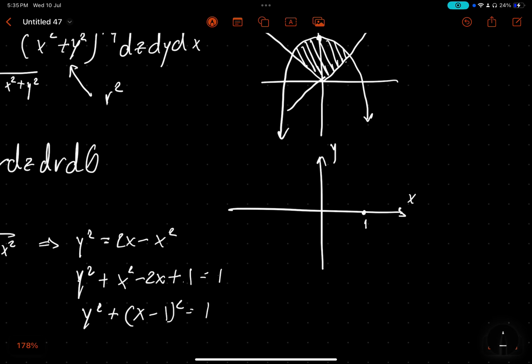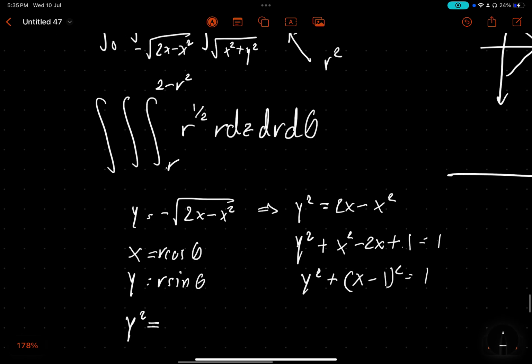It's basically a circle centered at y equals 0 and x equals 1. So let's say something like here, this 1, and then let's extend this. It has a radius of 1, so something like this. Also, we notice that it's taking the negative only.